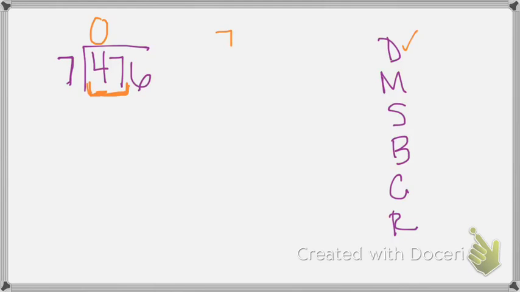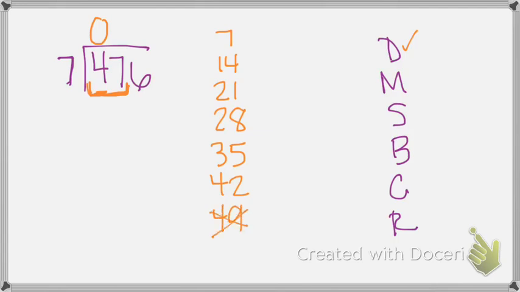And I can list my multiples: 7, 14, 21, 28, 35, 42, and then 49. So I can't use 49 here. So that's 1, 2, 3, 4, 5, 6 groups. That's my divide. Now I multiply. 6 times 7 is 42.